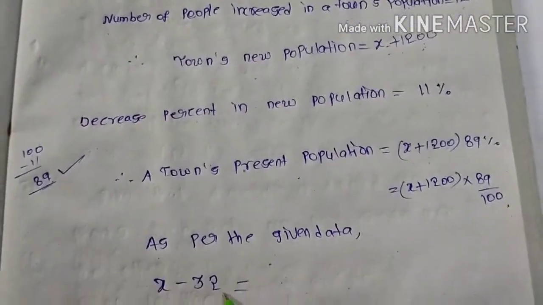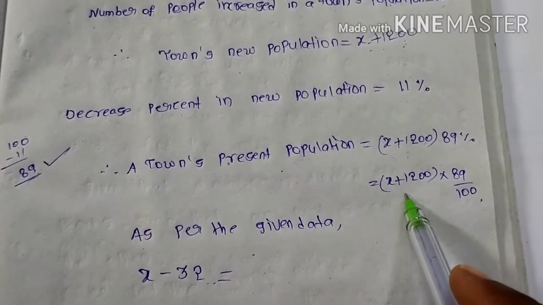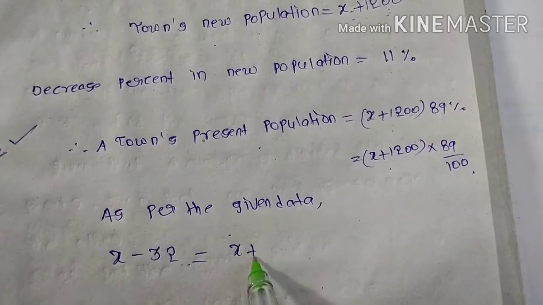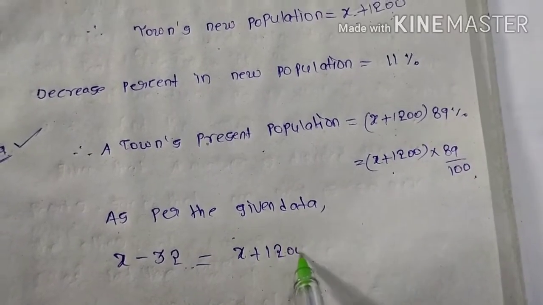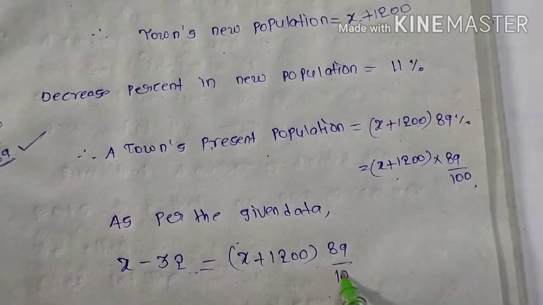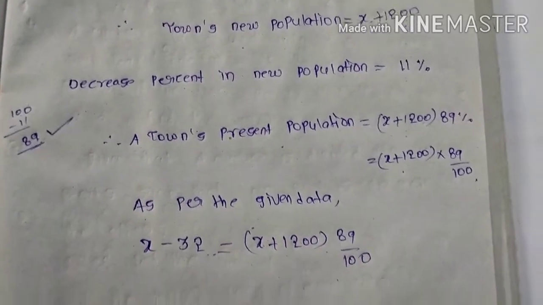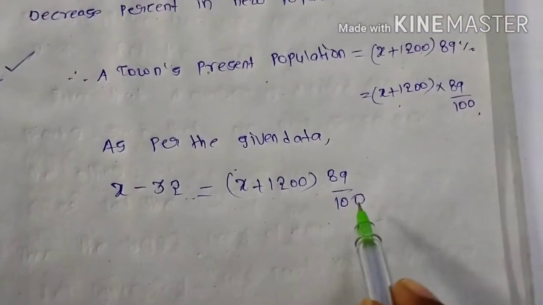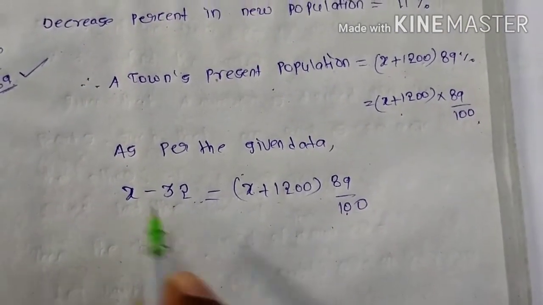This is equal to the present population of the city. That means I am writing x plus 1200 into 89 by 100. Now you can solve this linear equation. First you can transpose 100 to LHS.